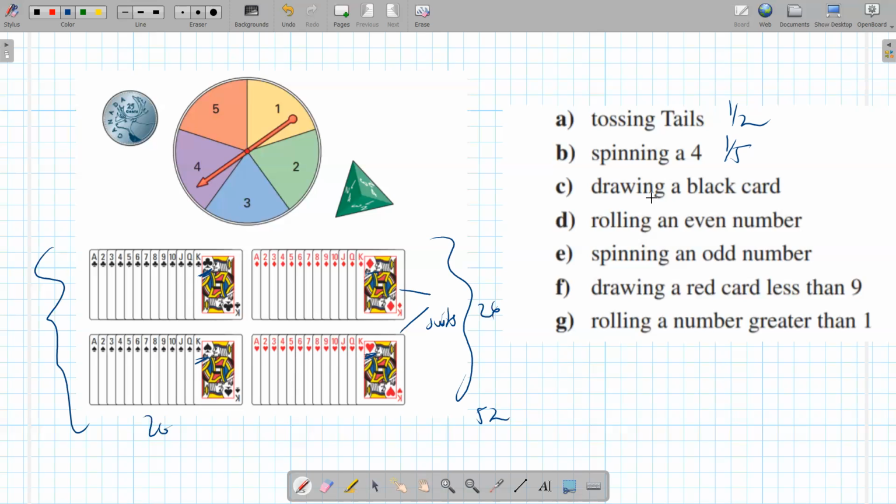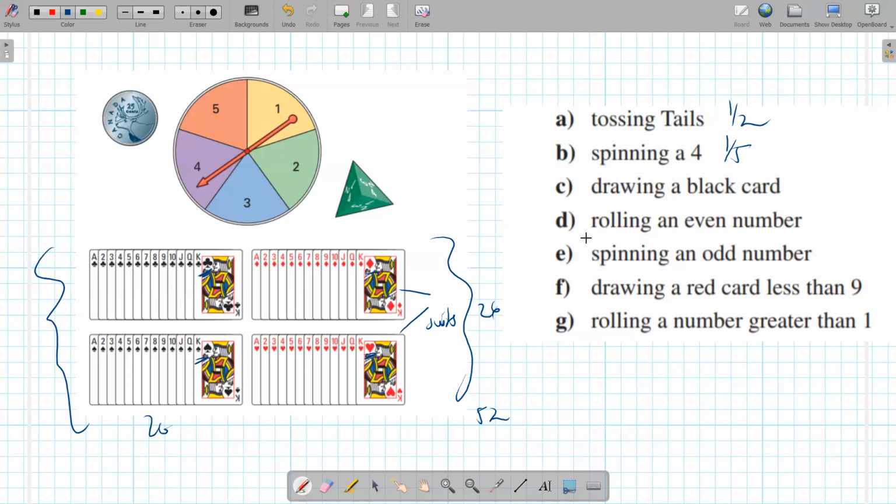So this one's asking you, what's the probability of drawing a black card? 26 out of 52. What does that reduce to? 13 over 26.